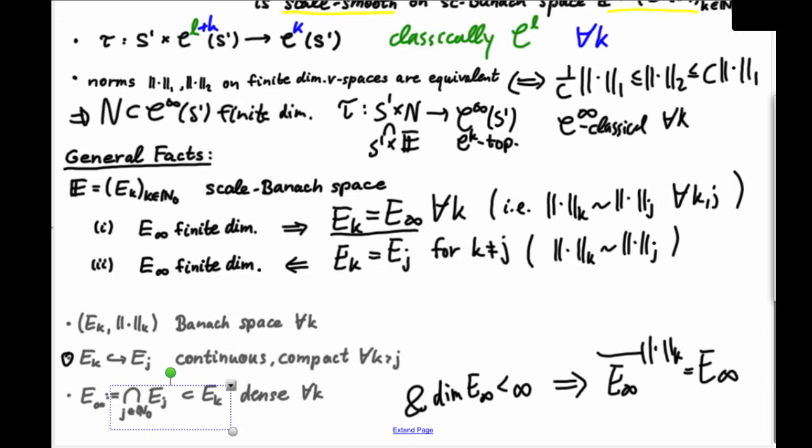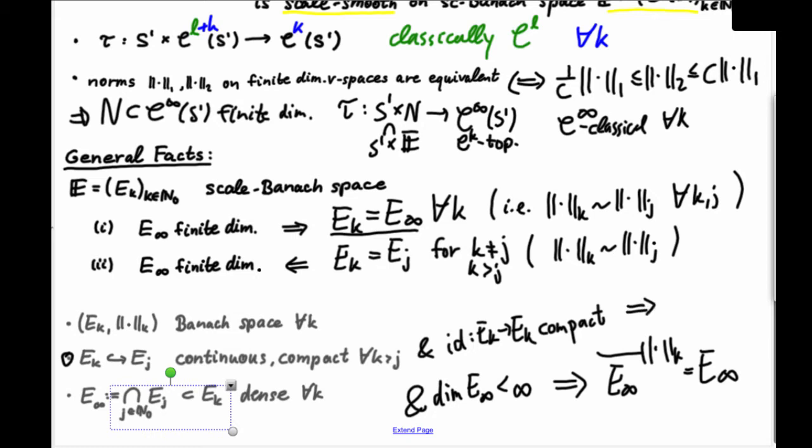bullet here, right? Because, well, let's say maybe k is strictly bigger than j here. So the norms are equivalent, but this embedding needs to be compact, right? And so really, if these are the same spaces and the embedding is compact, then I'm claiming that the identity from EK to EK is a compact map, meaning the unit ball by itself is compact or pre-compact, right?